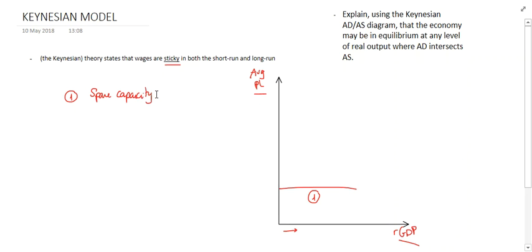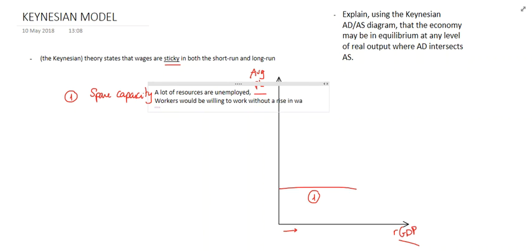Okay, so again, what's the meaning of spare capacity? When a lot of resources are unemployed, workers would be willing to work without a rise in wages or increasing the price level.